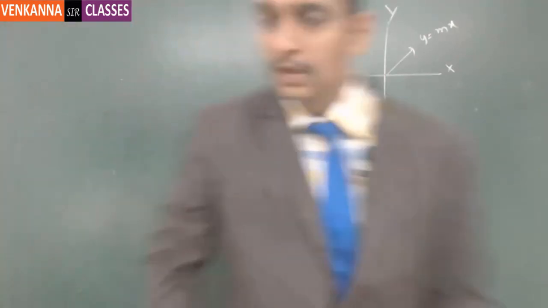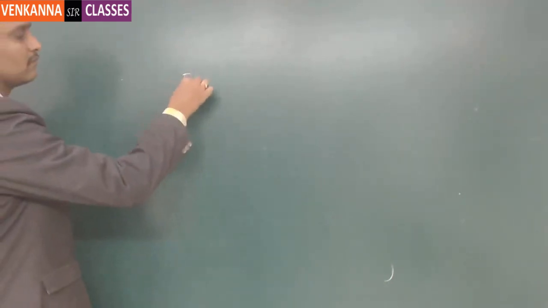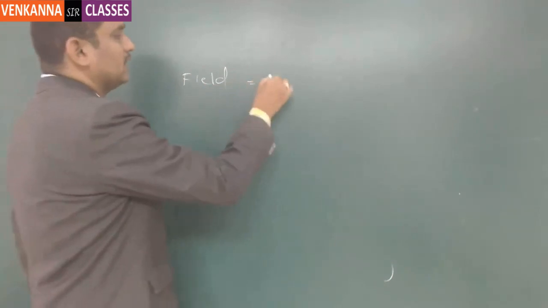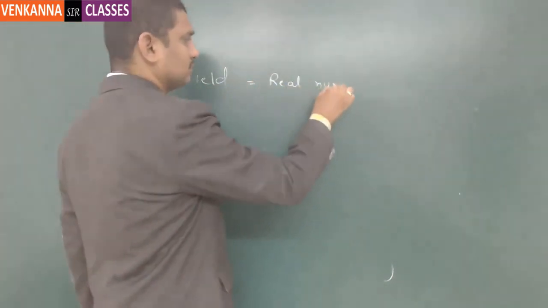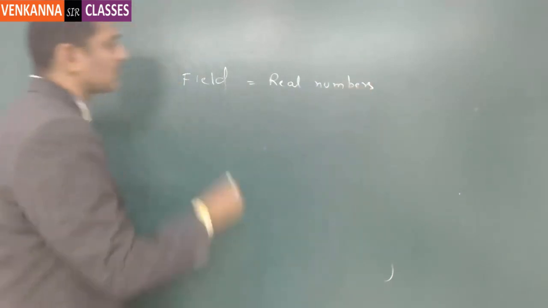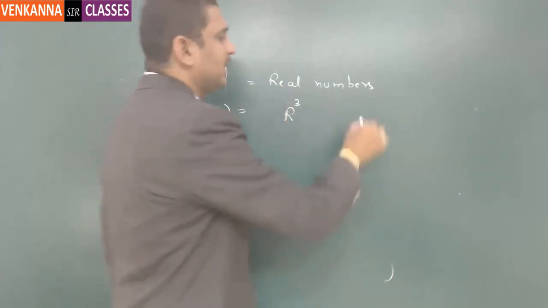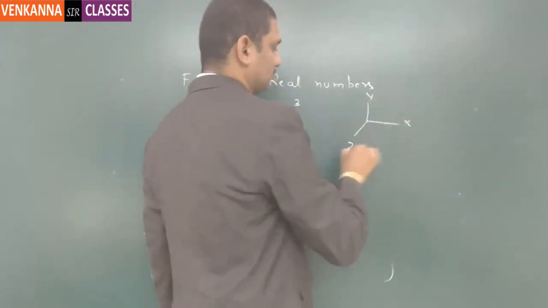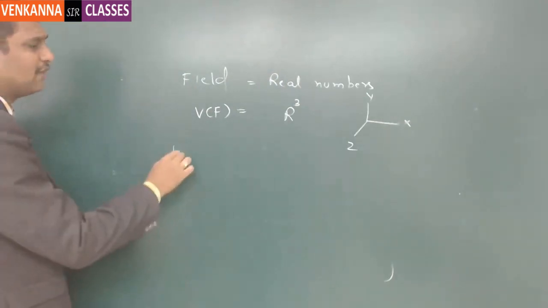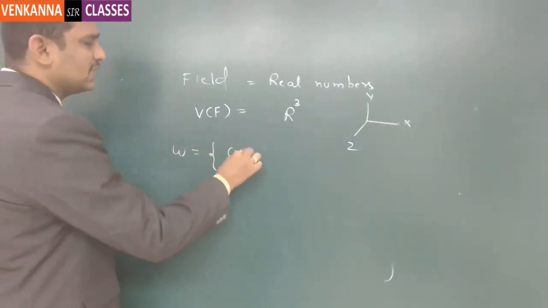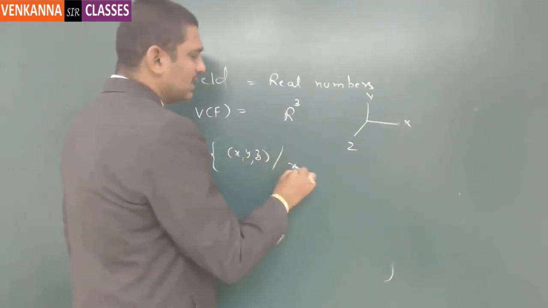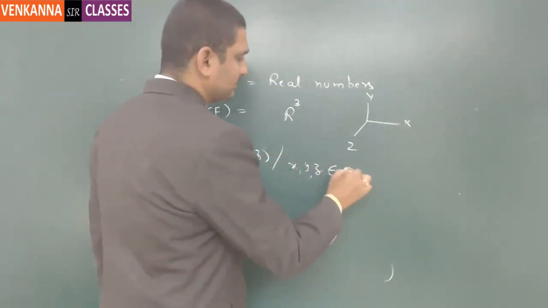Okay, now let us take this. Suppose you consider the field equal to real numbers, and the vector space equal to R cube, nothing but 3D space. Now I have given a set W equal to the set of all x, y, z such that x, y, z are rational numbers.